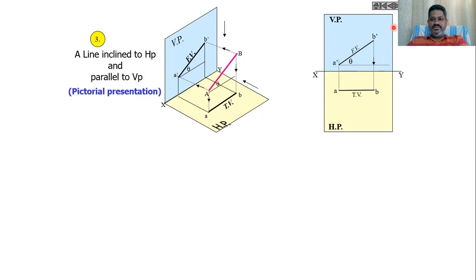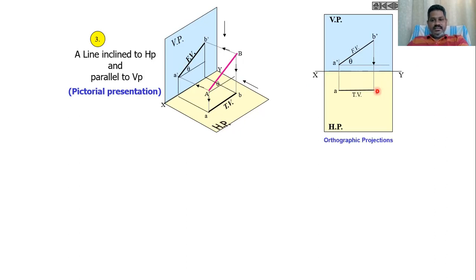Similarly, in the top view, we need to project these points at a distance. In the top view, this AB line is at a certain distance from the vertical plane. That distance we need to maintain here from the XY line.